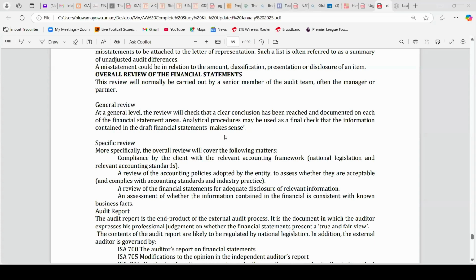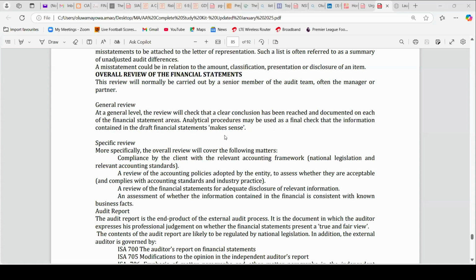Then there is a second one called the specific review. Now, in this specific review, what the auditor is looking at, number one, is compliance by the client with the relevant accounting framework. The first one is just looking at the areas, the figures, whether everything makes sense, the inventory.